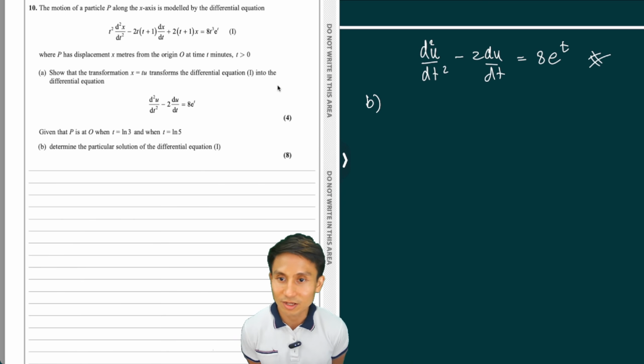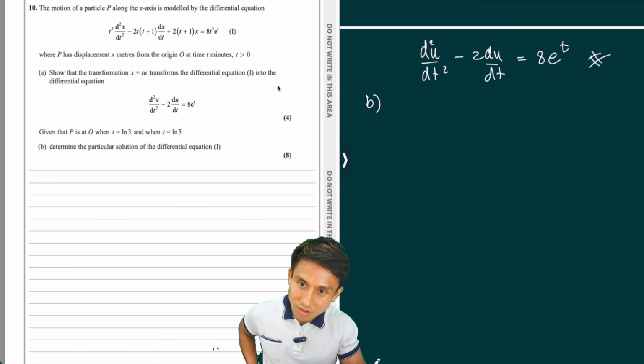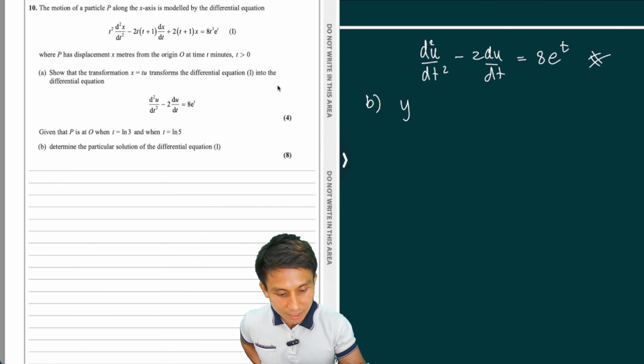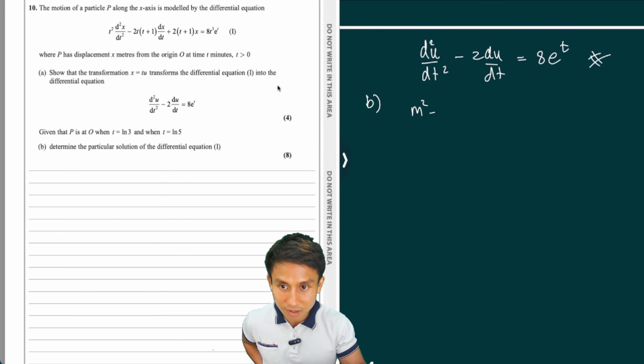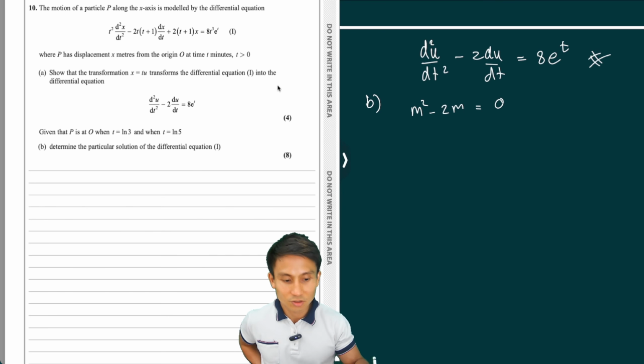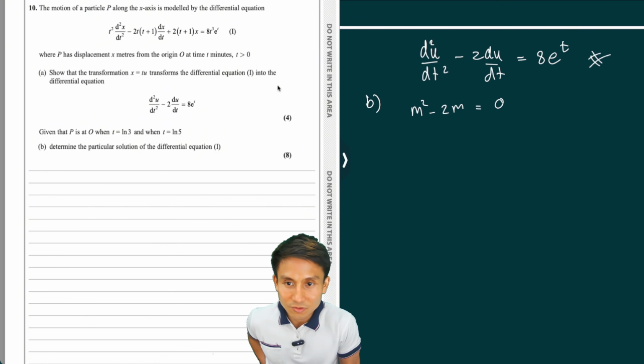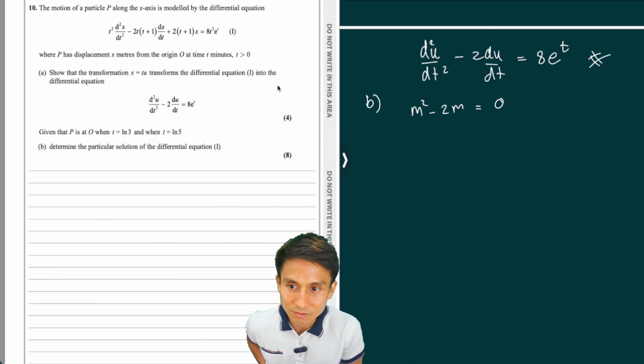So we solve everything. We've got to do the complementary solution first. So yc. Let's just do m squared minus 2m equals 0 first. You have done it before; this is just to find the complementary solution for the second order ODE.